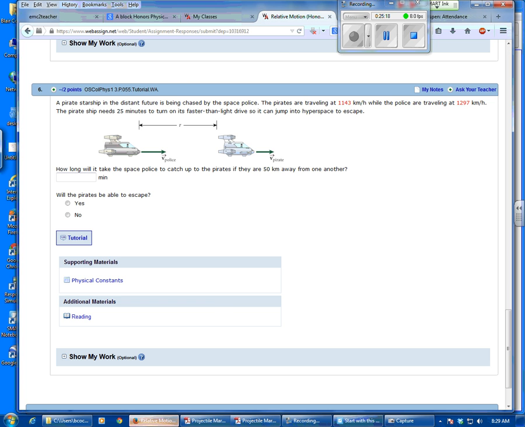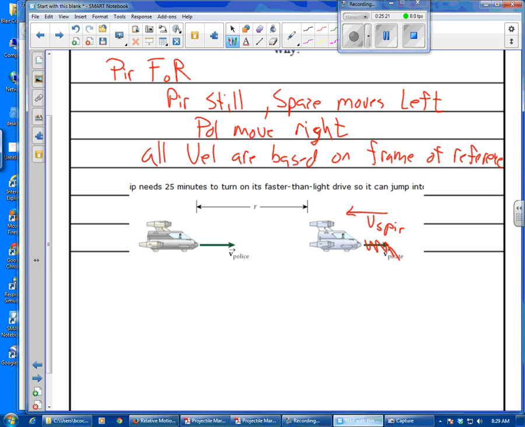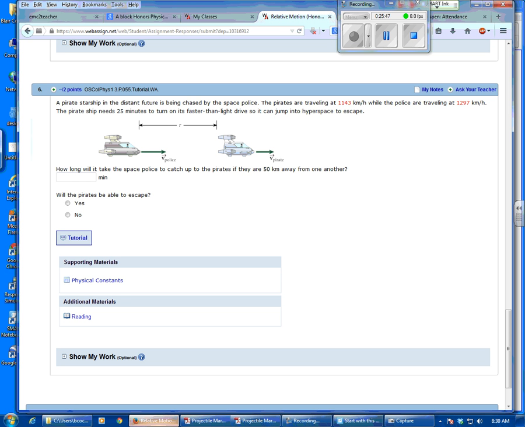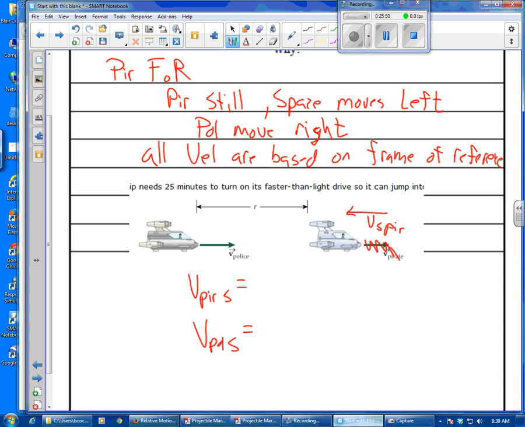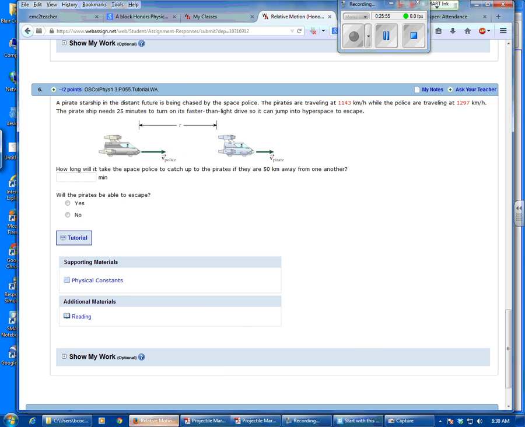Now let's record some of our values here. Need to get these right. Velocity of the pirate with respect to space is 1143 for me, that's kilometers an hour.